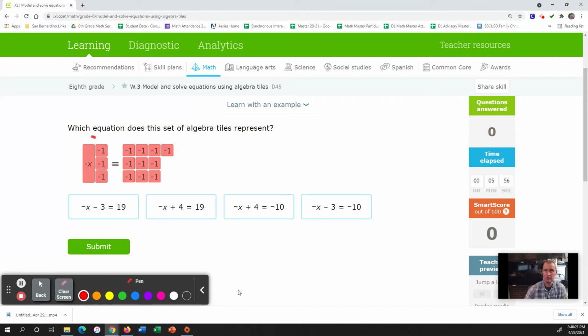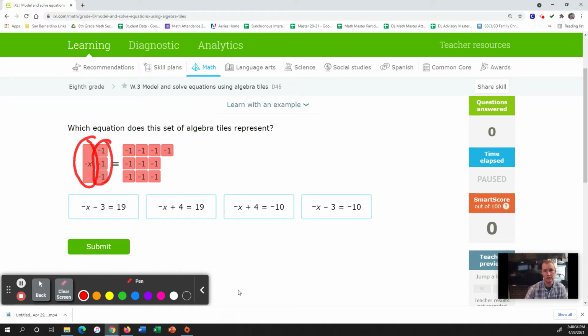So starting with the first tile, we have only one tile that's negative x. Then our next ones, grouped together because these are all the same, are negative 1, negative 1, negative 1. Well, negative 1 subtract 1 is negative 3. I'm just going to bring these down as I go.